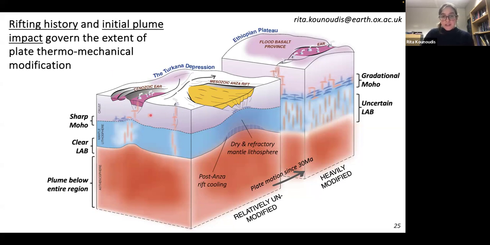Whereas the Turkana Depression generally has a sharp Moho and a clear lithosphere-asthenosphere boundary, except for where rifting has developed in most recent times, so below the lake and to the west of it. But it's probably because of this older phase of rifting that it's more resistant to any subsequent modification.